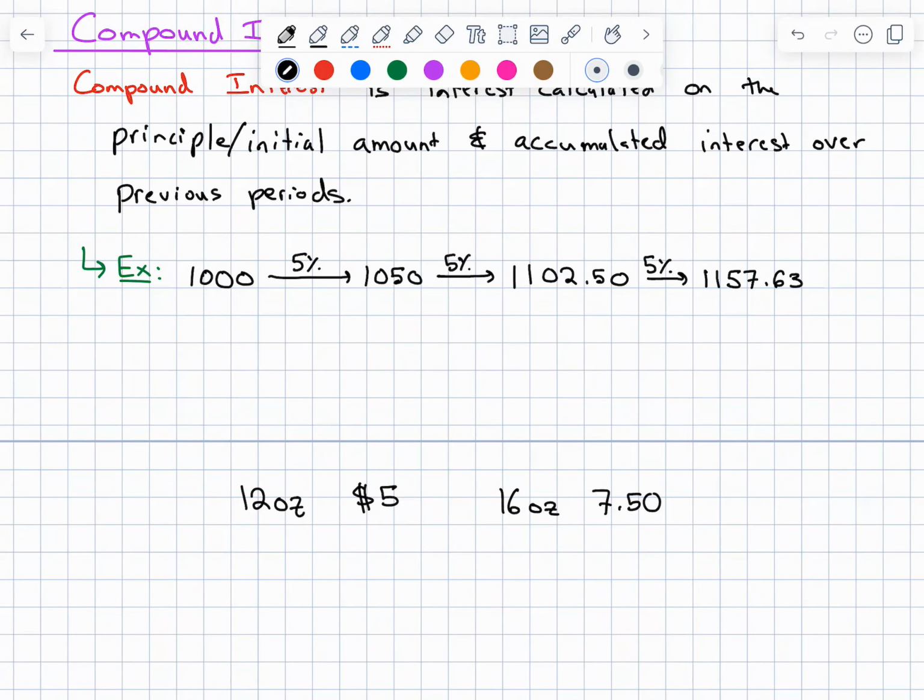Per ounce for the 12-ounce, 5/12, it's 41 cents per ounce, whereas for the $7.50 one, it's 46 cents per ounce for the higher cost. I almost wanted to talk to the manager just to let them know, but I'm assuming that they hope people haven't taken Math 120 and know their unit conversion.